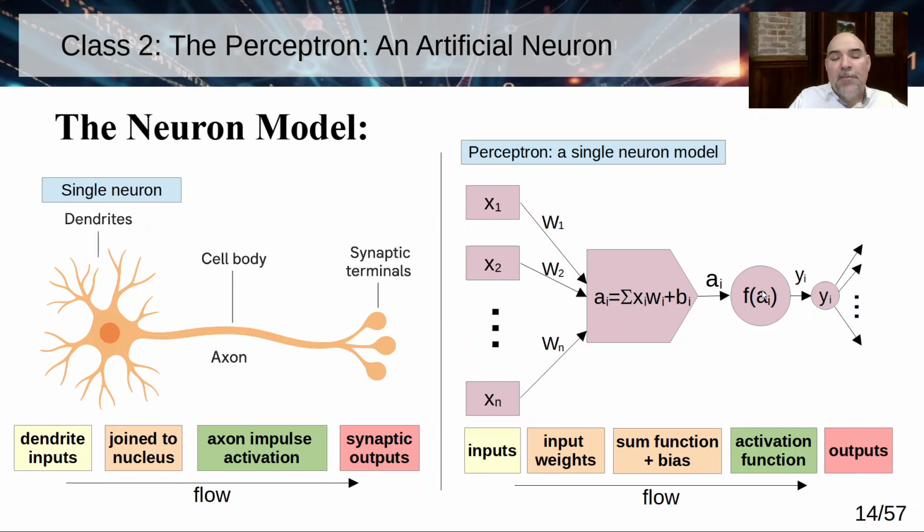But then if that gets exceeded, then that fires across here to go out to other connections on the output of that individual cell. And again, notice the flow left to right, and notice how closely this models the way the neuron works.